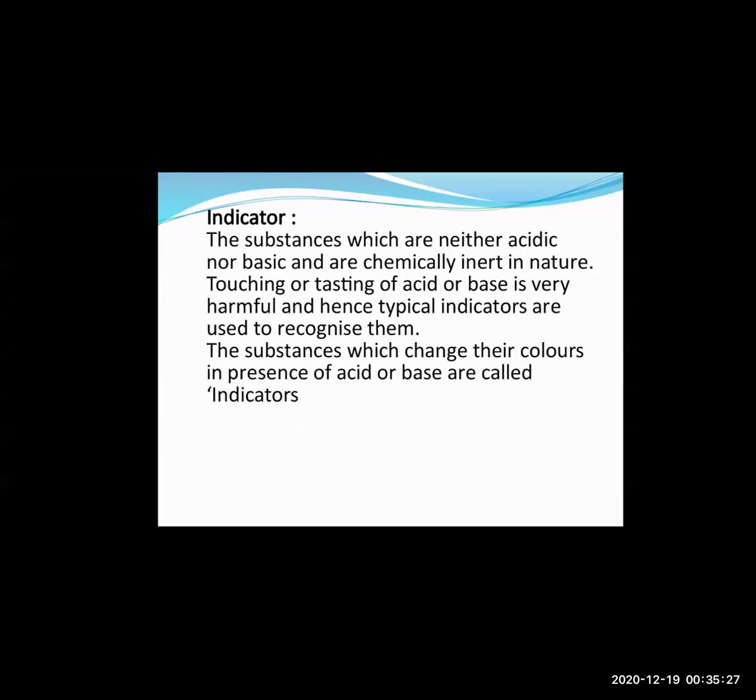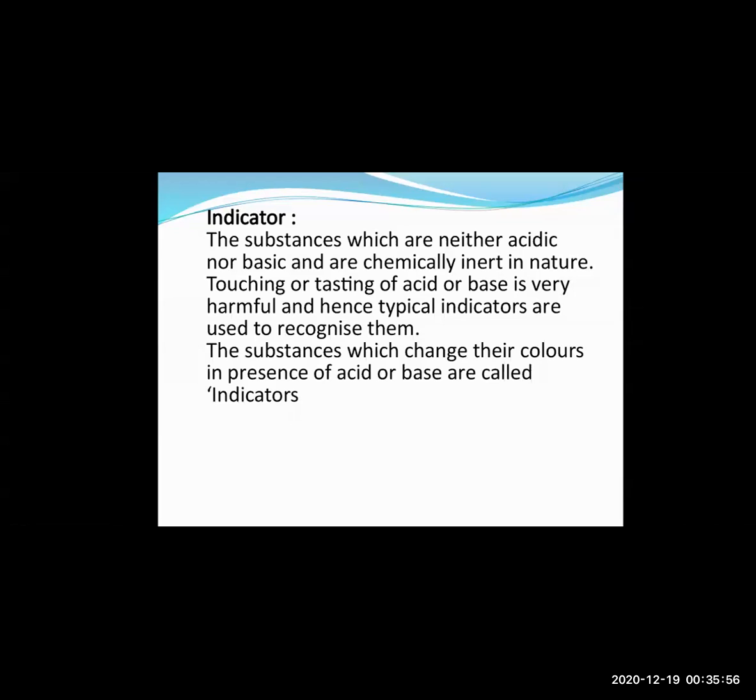Now acids and bases are very sensitive and very harmful, so we cannot touch or taste these substances to identify the acids and base. They are so sensitive and harmful that we cannot identify by touching or by tasting whether it is acid or base. So it is very risky, students, to identify in this way.